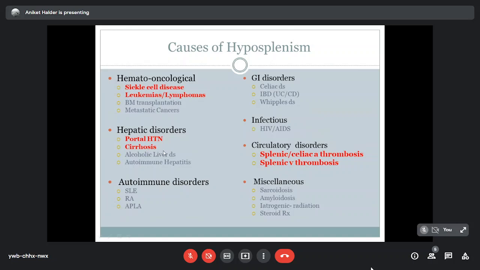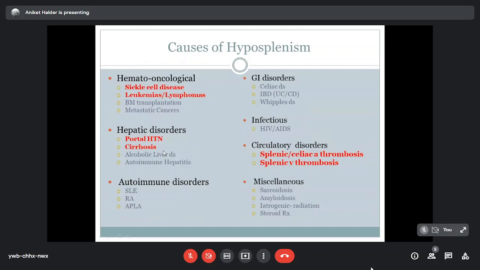Usually there is hypersplenism, but it can also cause hyposplenism, because in portal hypertension and cirrhosis there is increased chance of infections, and as I had said, there are different active mechanisms in cirrhosis and portal hypertension, where there is increased macrophage activation.